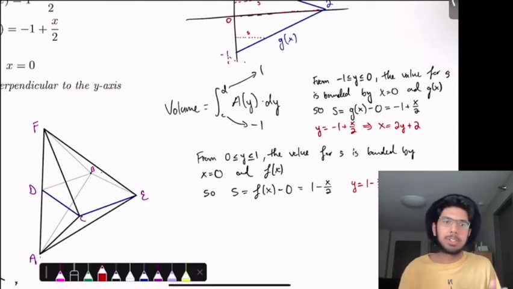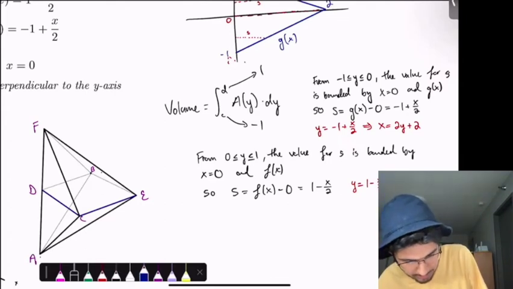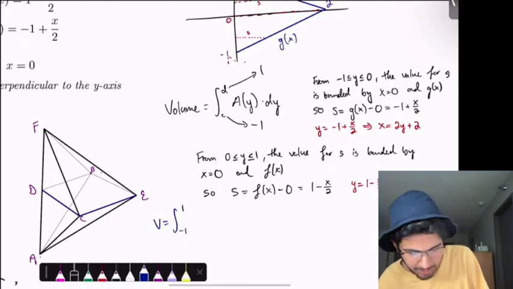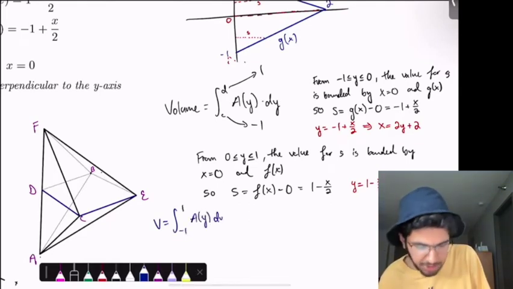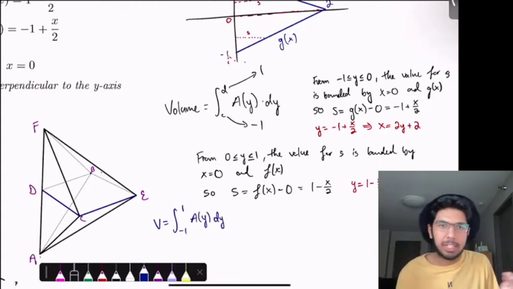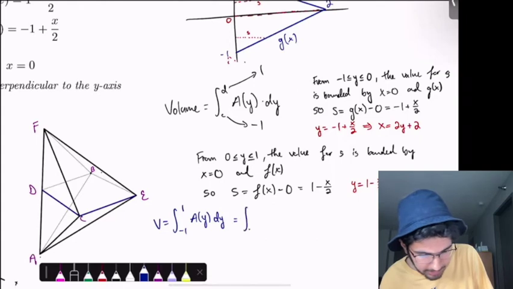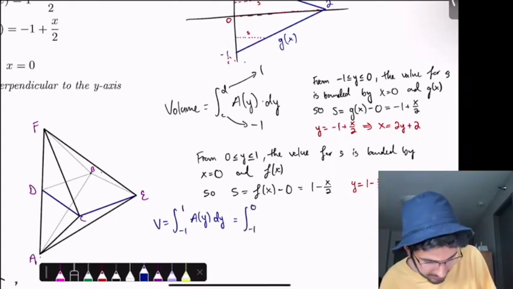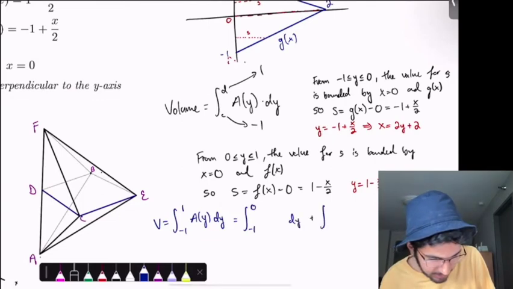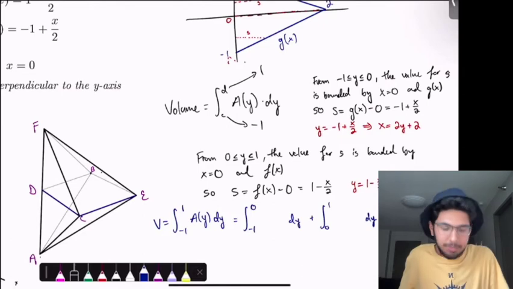Now we're ready to solve the integral. So the volume, we said, is going to be equal to the integral from lower bound negative 1 to upper bound 1 of A of y dy, but we know A of y is going to be different depending on what the value of y is. So we'll break it apart into from negative 1 to 0 of something plus 0 to 1 of something. What are these somethings?